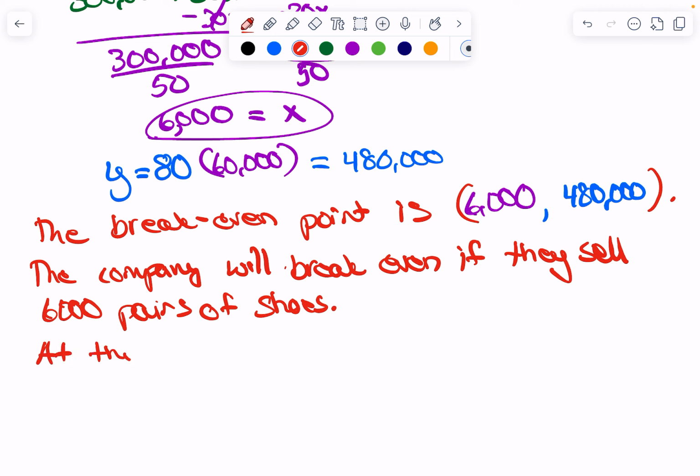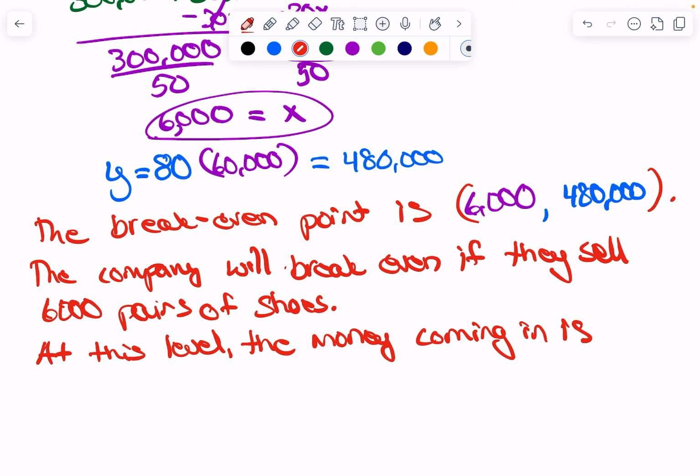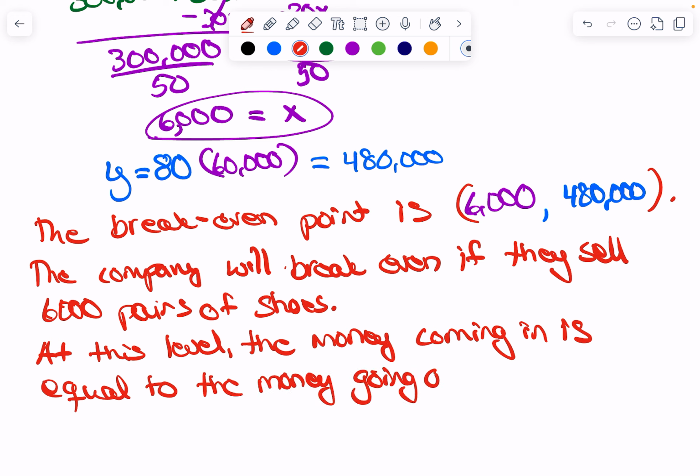At this level, the money coming in is equal to the money going out, $480,000.